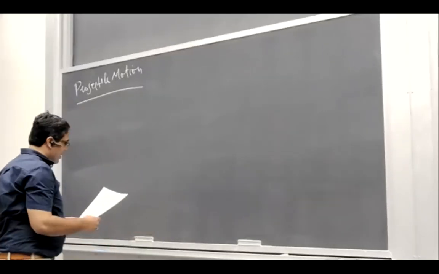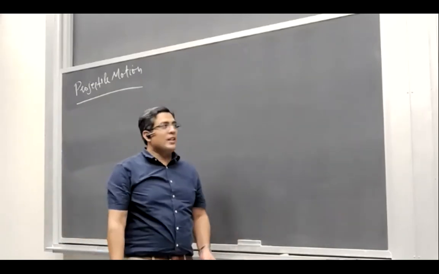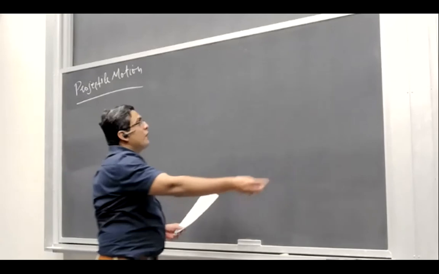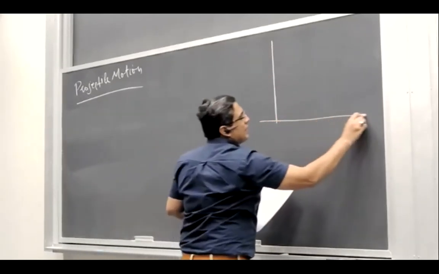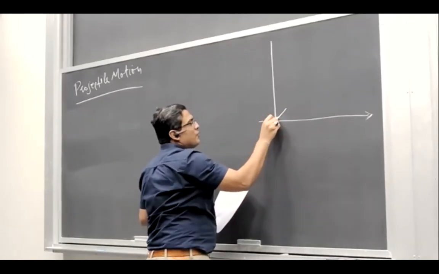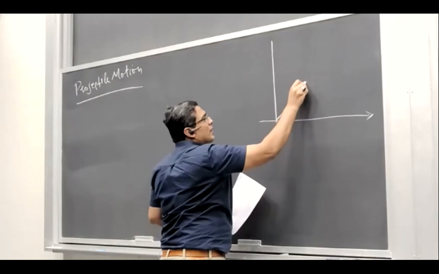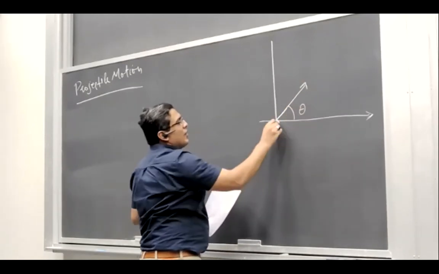We are considering the one where we are standing at the ground and we are kicking, like you kick a football upwards but at an angle with respect to ground. Let's say you're kicking the football in this direction, okay, and this makes an angle theta with the ground.